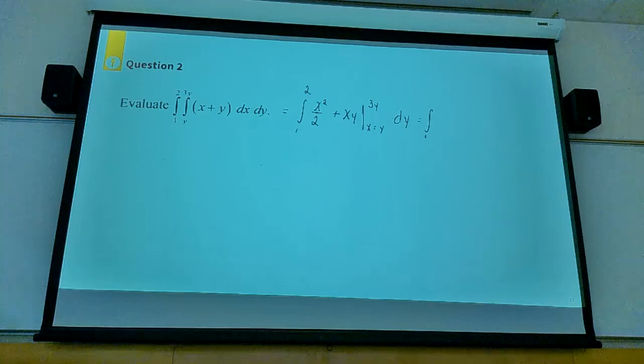What is 3y squared? It's a quantity of 3y squared, minus y squared is 8y squared over 2, so 4y squared. And then 3y plus y is 4y times y. Oh, that worked out nicely.